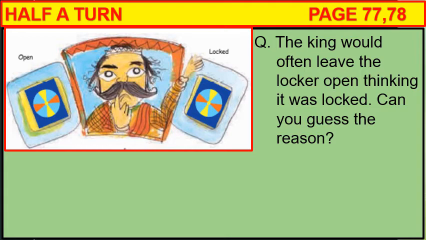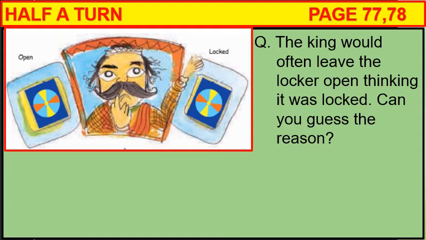Many a time it would so happen that the king would leave the locker open, thinking that it was locked. Do you know why? The locker looked the same in both positions, whether open or locked.